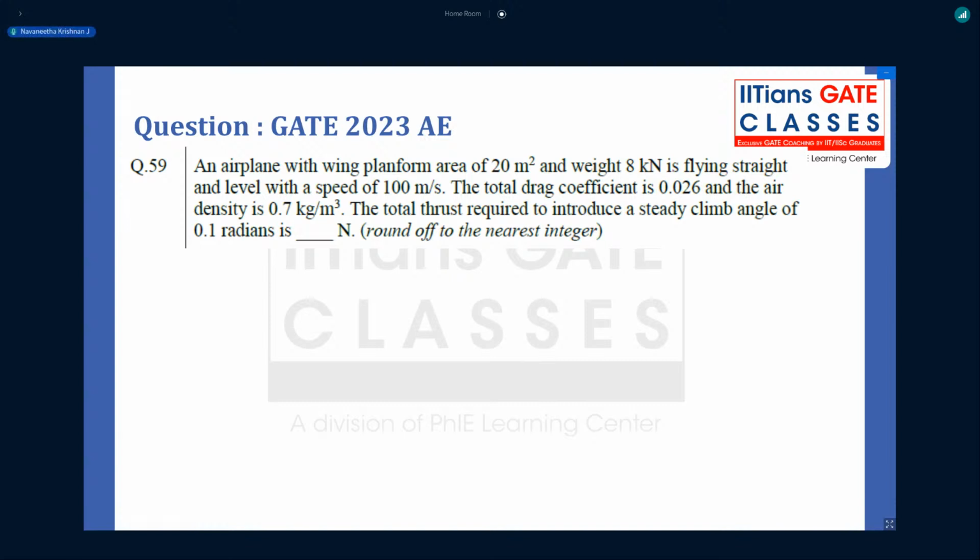The total drag coefficient is 0.026 and the air density is 0.7 kilogram per cubic meter. The total thrust required to maintain a steady climb angle of 0.1 radian is dash newton. Please try to solve, then I'll solve this problem.